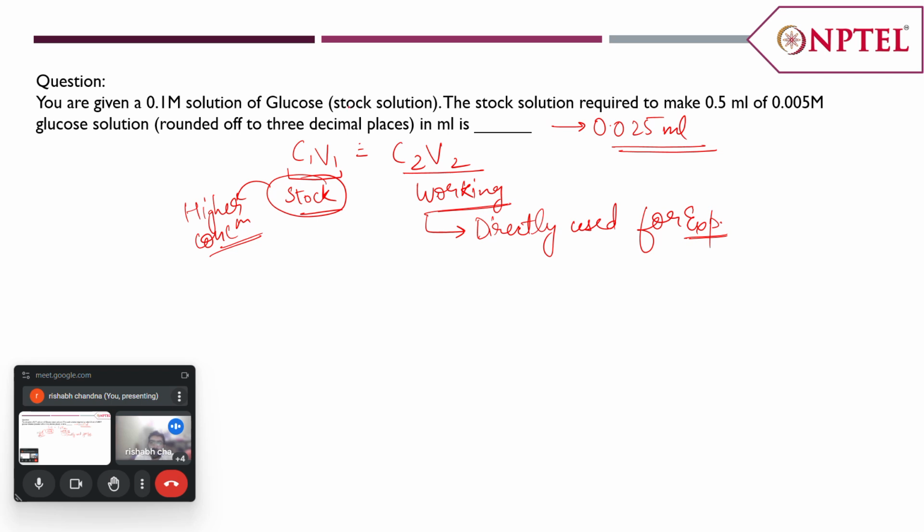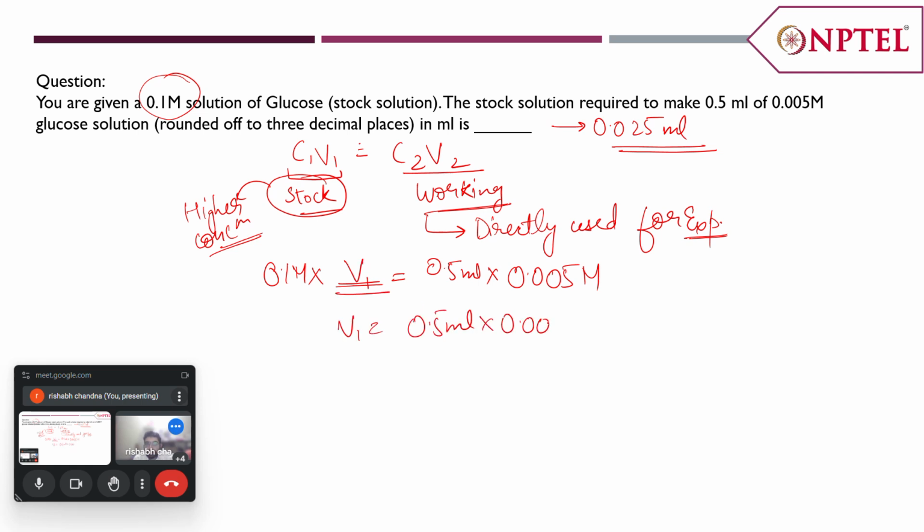Okay, so now here we have the stock solution of 0.1 molar, and we have to take out some volume from that to make 0.5 ml of 0.005 molar glucose solution. So now to calculate V1, we have this. After solving this, the volume comes out to be 0.025 ml.